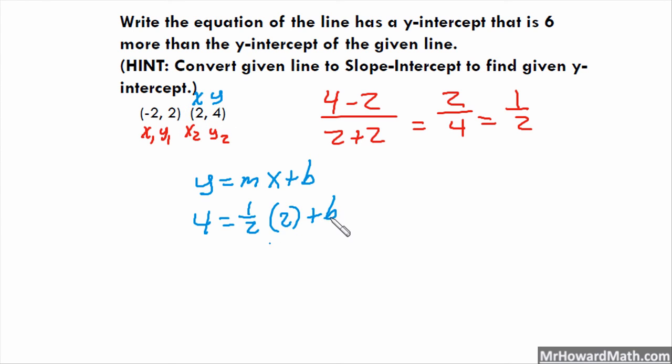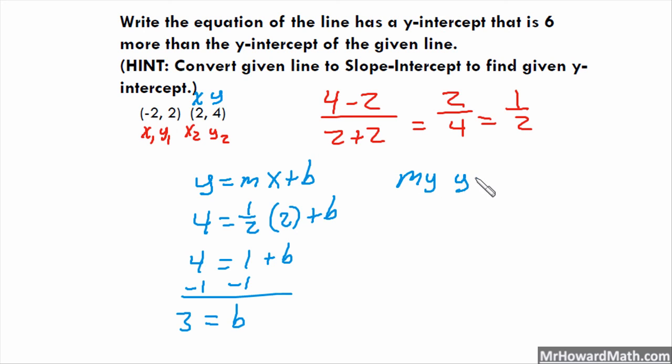And then b we don't know. So we're solving for b here. 1/2 times 2 is 1 plus b. Solve for b, subtract 1. b equals 3. So the y-intercept of the given line is 3, and I need a y-intercept 6 more than that. So my y-intercept is going to be 6 plus 3, which equals 9.